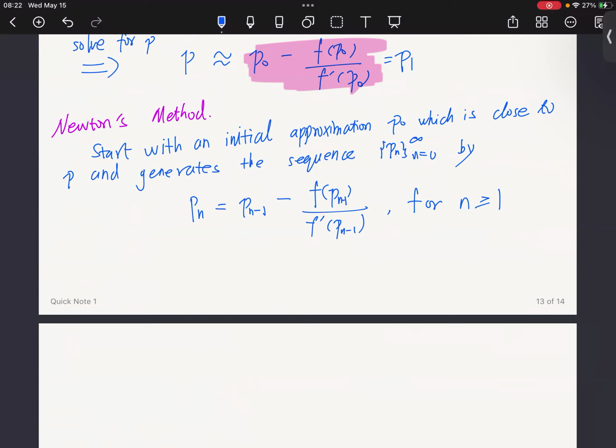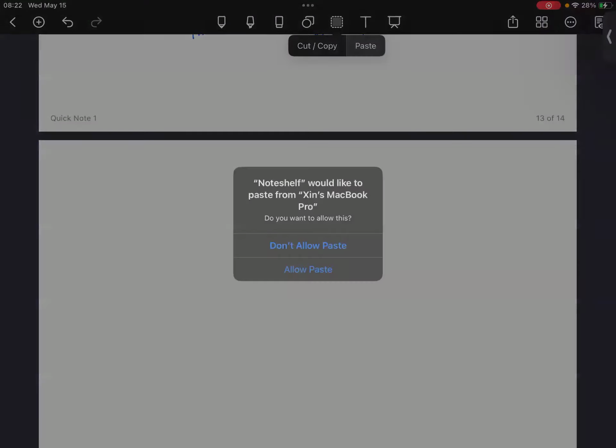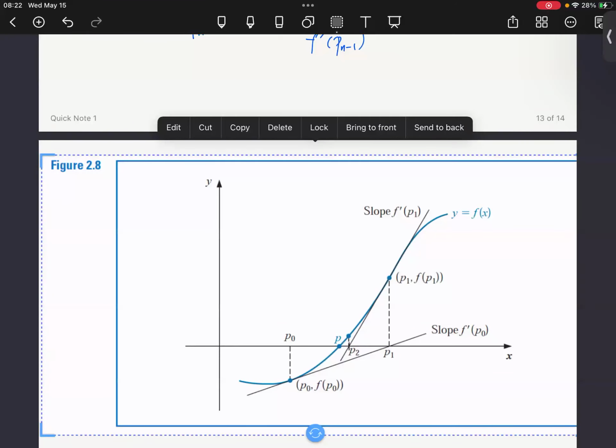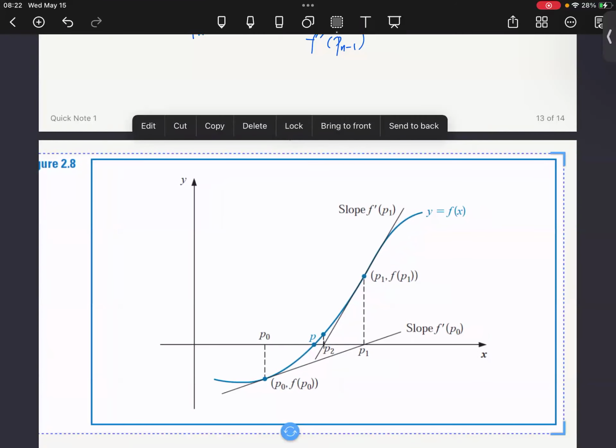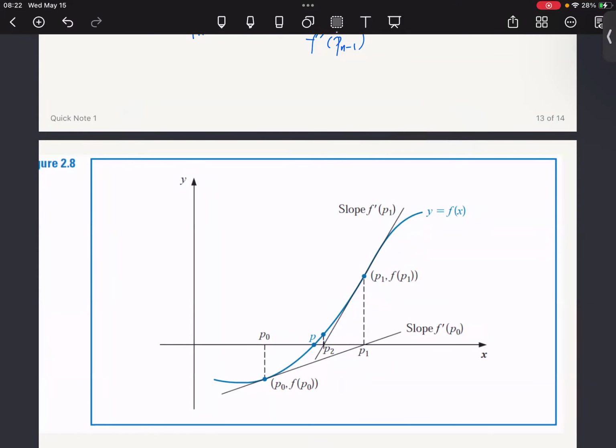And let's see. Next, I'm going to give you one picture to take a look at how this Newton's method works. So this is the picture, and we are starting from here.